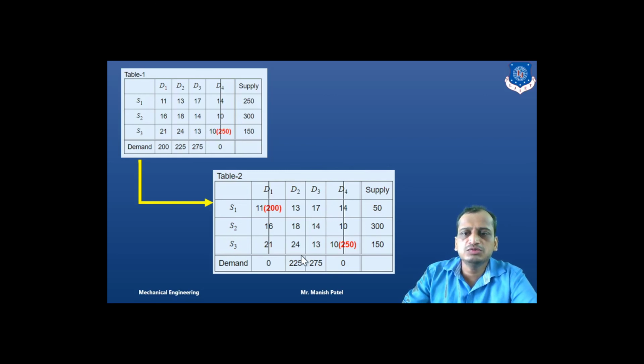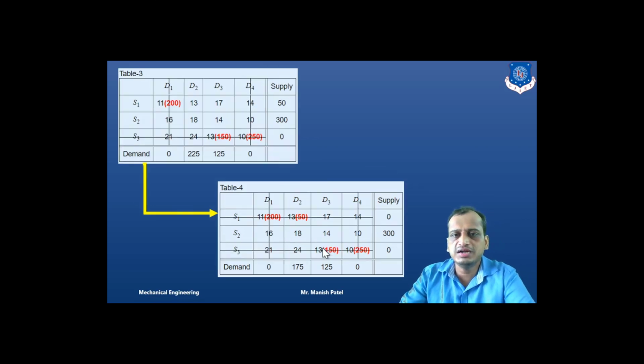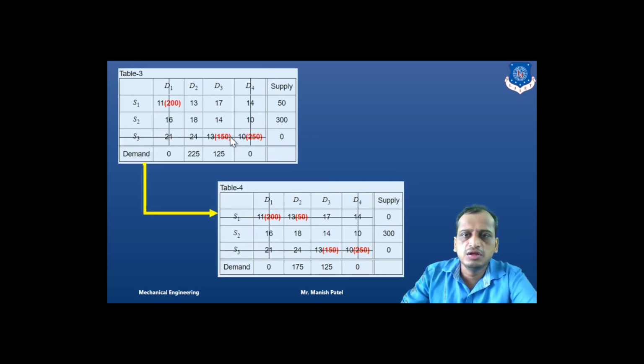Again, in this matrix, what is the lowest one? 13 and 13. So we will find the maximum allocation here, which is 150. So we go with that step. This is fulfilled, so we cancel that. And from the remaining, what is left is 125.